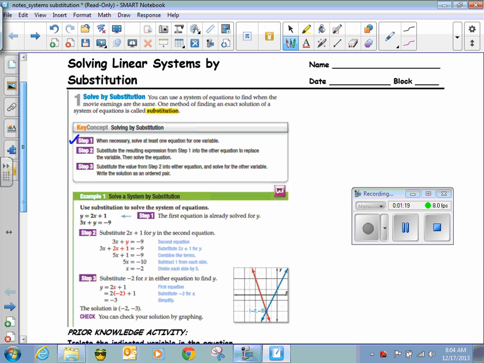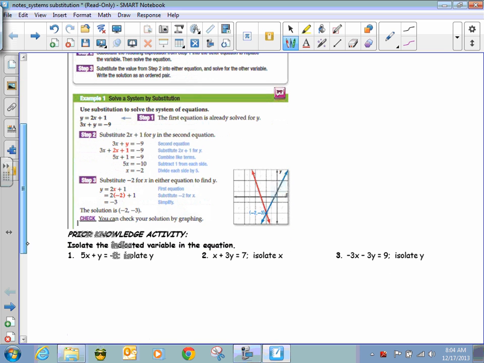So going ahead, an example that was given to us was y equals 2x plus 1, and then 3x plus y equals -9. See how this first equation is already solved for y, so it says y equals 2x plus 1.